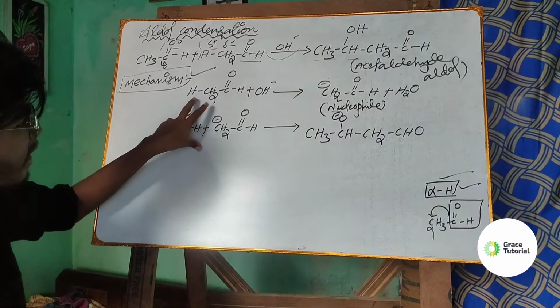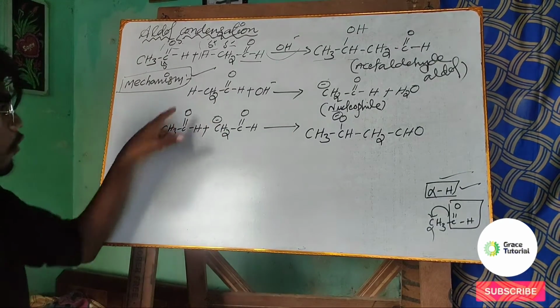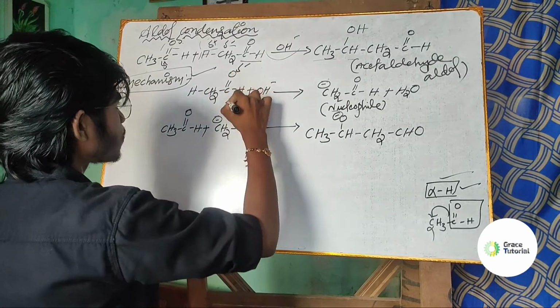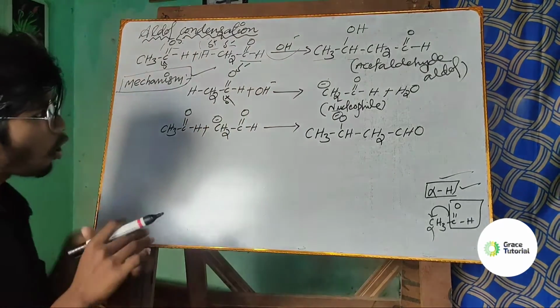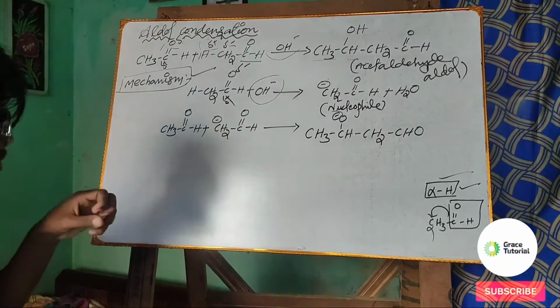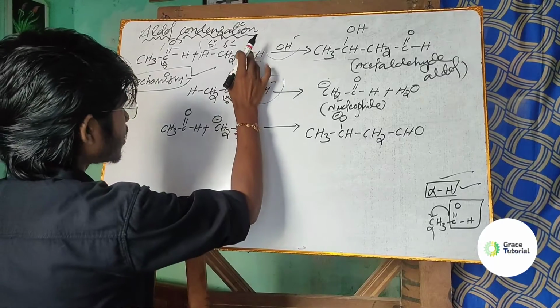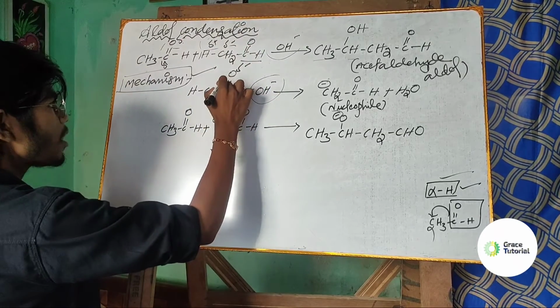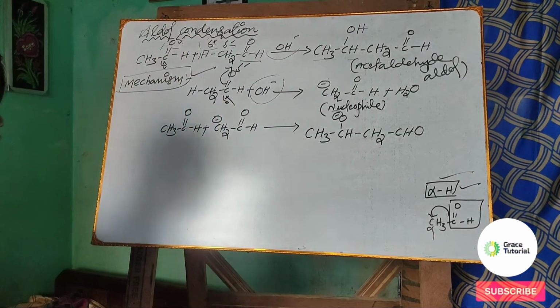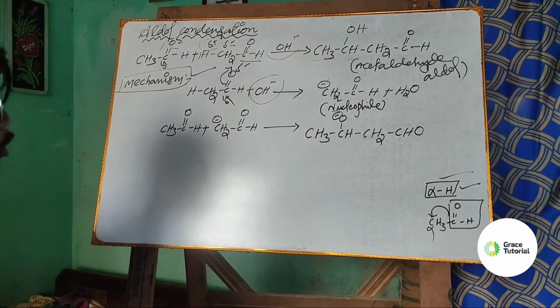First of all, we have taken acetaldehyde. If you look at this acetaldehyde, this is partially negative charge and this is partially positive charge. When it reacts with the alkali, the OH minus, since it is partially negatively charged, the shared pair of the electron will be attracted more towards the oxygen atom. So that's one of the points.